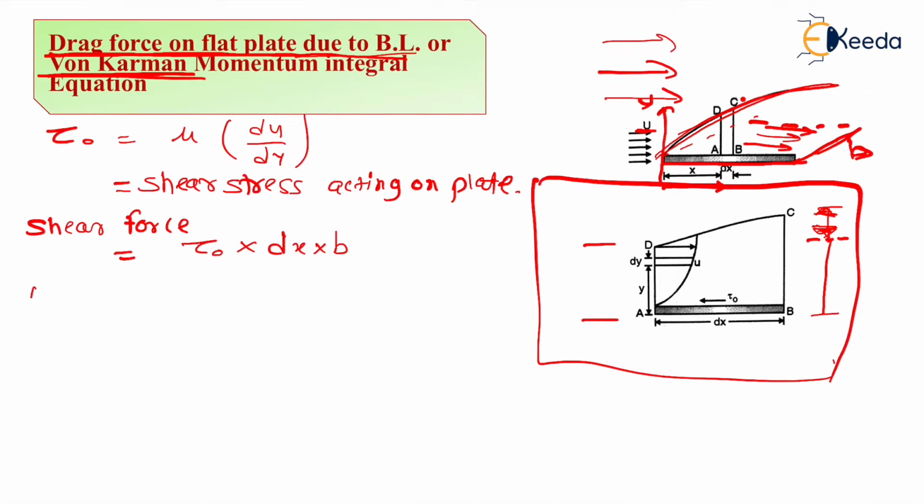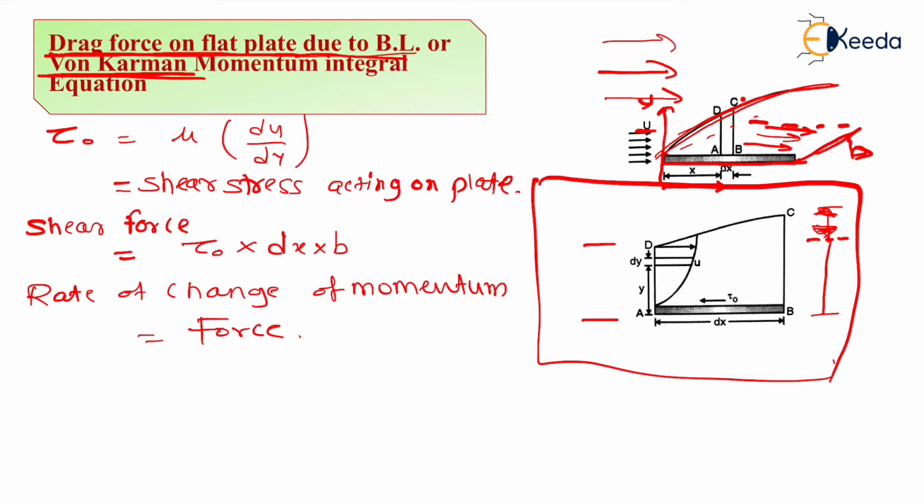As we all know, a rate of change of momentum is nothing but the force. So first we will calculate force and we will equate it to the rate of change of momentum which is occurring on the plate. So first of all, to calculate momentum we had to find mass transfer rate.